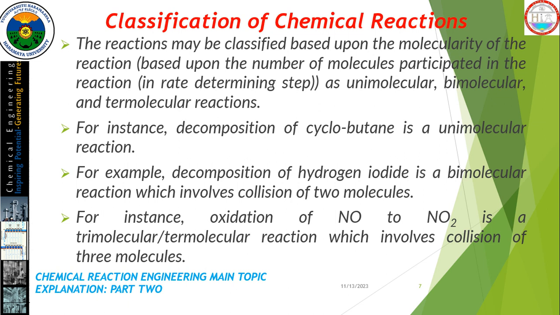For example, the decomposition of hydrogen iodide, 2HI in the gaseous phase, gives us iodine gas plus hydrogen gas. This is considered bimolecular because the coefficient of hydrogen iodide is 2, which means the decomposition takes place due to the collision of two molecules.